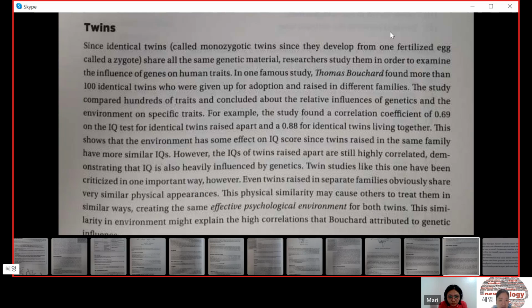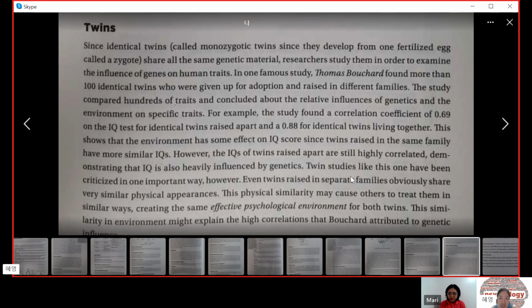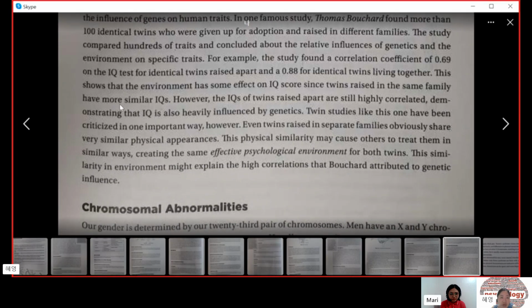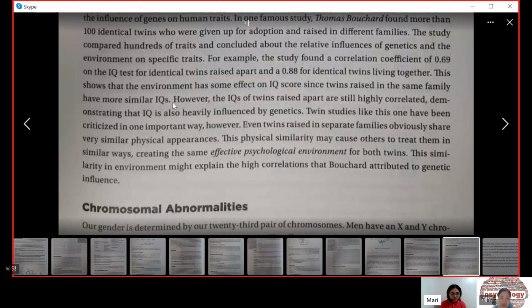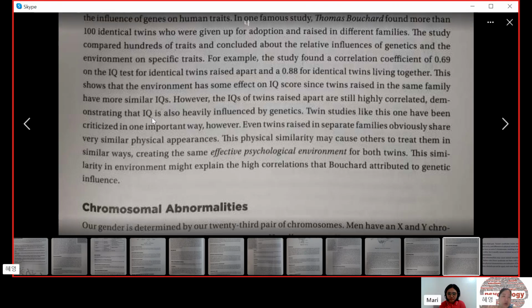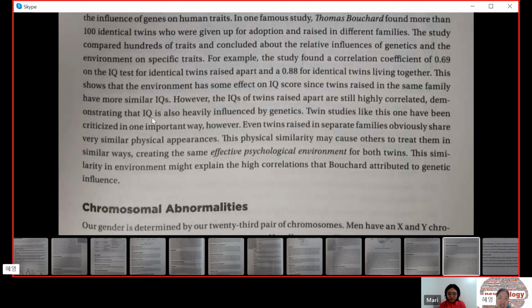Then it shows that the environment has some effect on IQ scores, since twins raised in the same family have more similar IQs. However, the IQs of twins raised apart are still highly correlated, demonstrating that IQ is also heavily influenced by genetics.